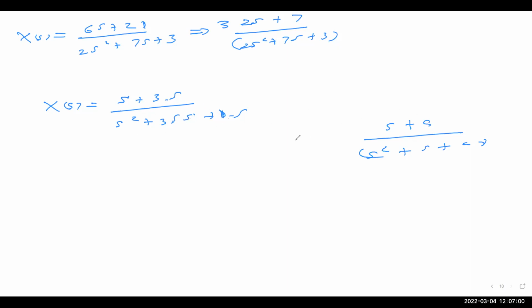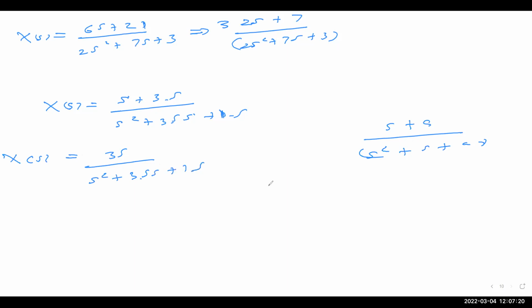So now this is in this format, and we just have to find the inverse Laplace. Once again, we'll do the trick that we did earlier. We'll divide this into 2 parts. We'll get 3s over s squared plus 3.5s plus 1.5.